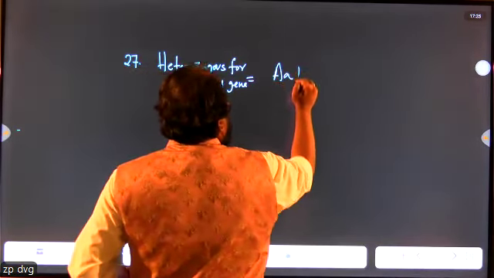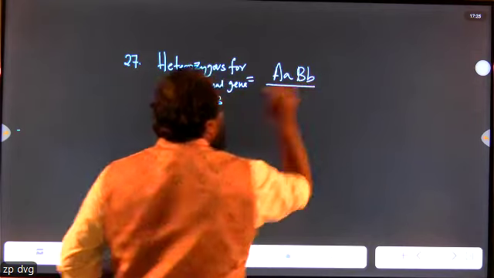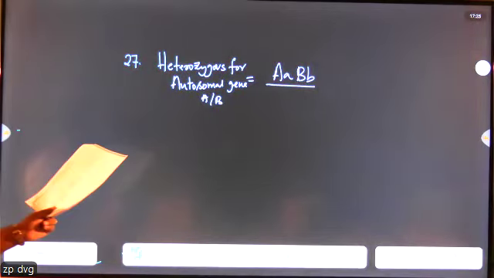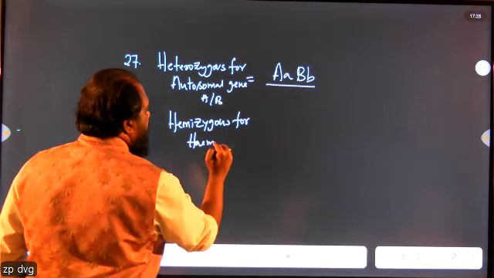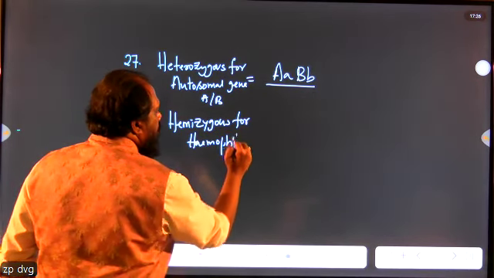Capital A, small a, capital B, small b. Understood? Heterozygous for the autosomal genes, and hemizygous for the hemophilic gene. Hemizygous for hemophilia. Hope you remember, hemophilia is present in the X chromosome.